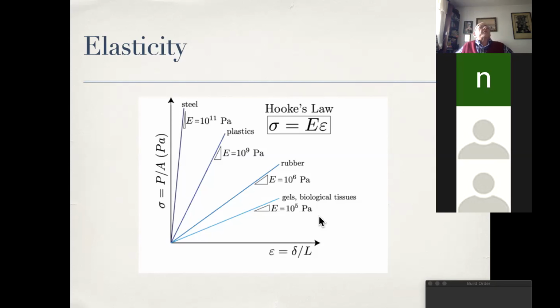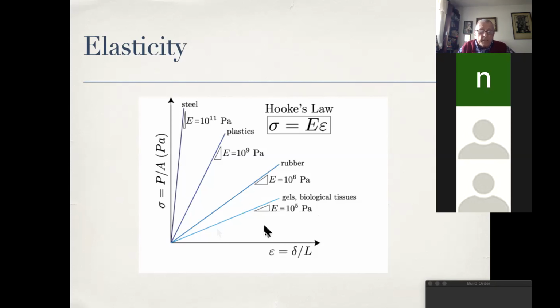And the construction material of our civilized world, namely the steel, has a coefficient 10 to the 11. So it's 6 orders of magnitude stronger in that sense than biological tissue.